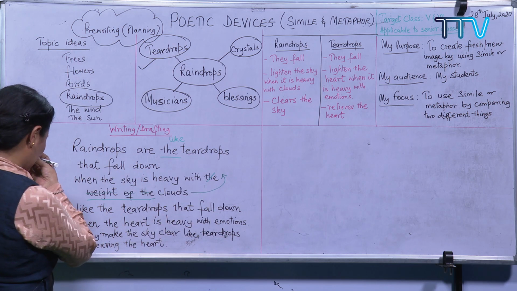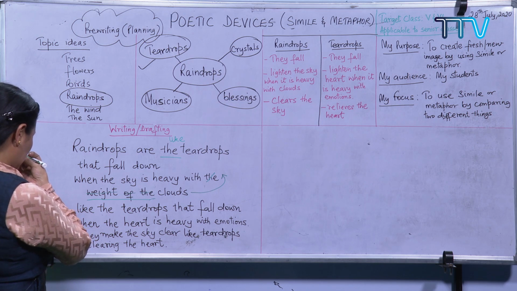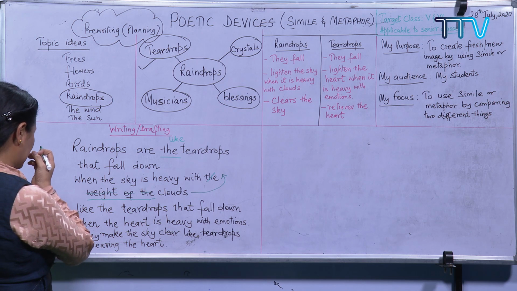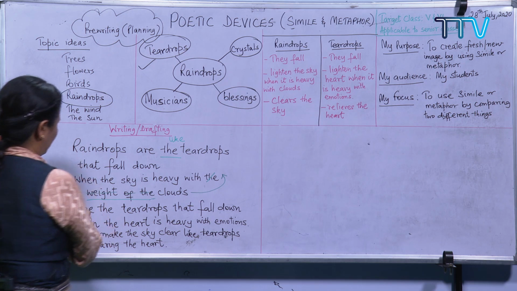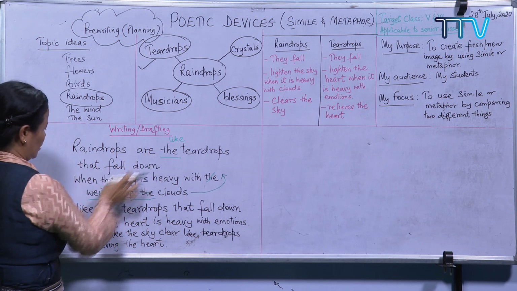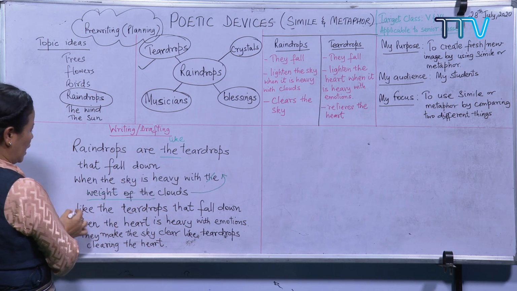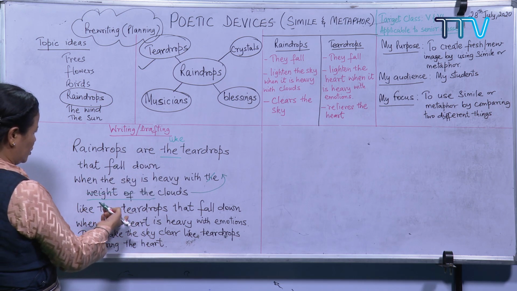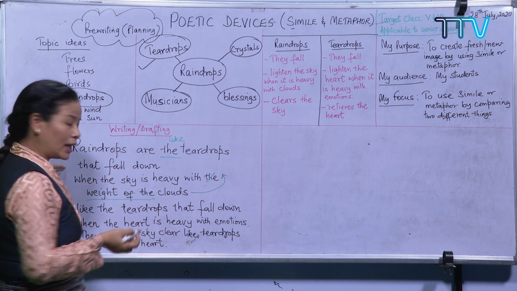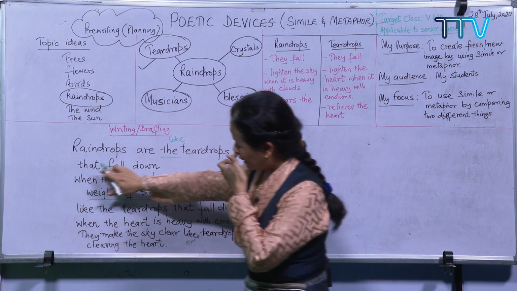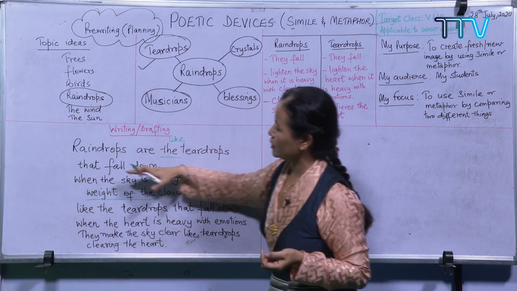Okay, what next? Like the teardrops that fall down when the sky is heavy with clouds, like the teardrops. You see, I have compared again, like the teardrops, what they do, teardrops that fall down. I can see that I have used this particular phrase, that fall down.